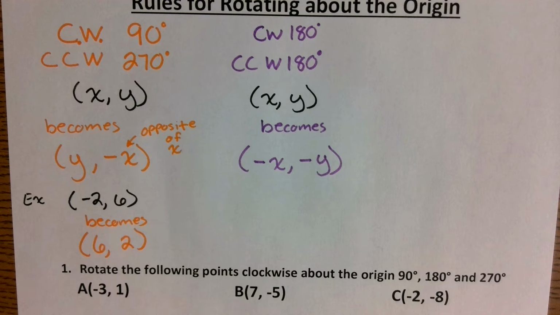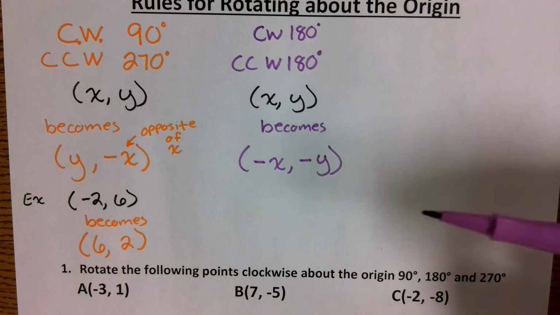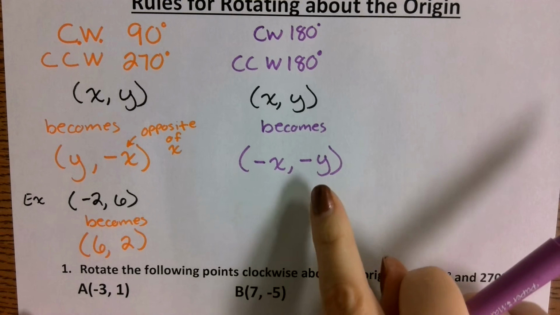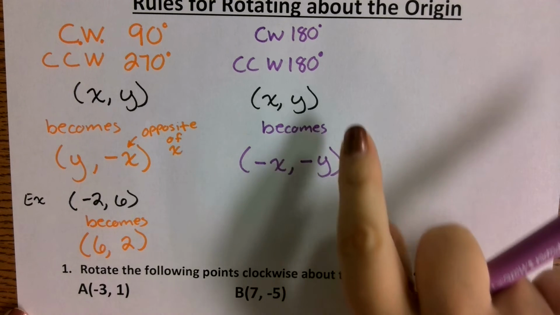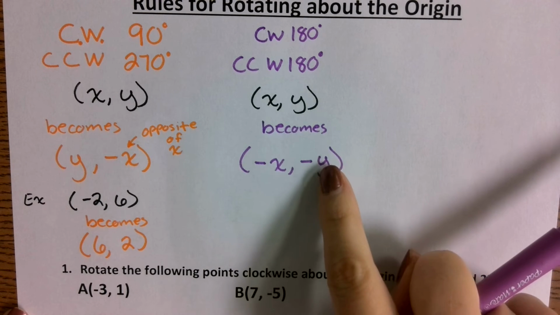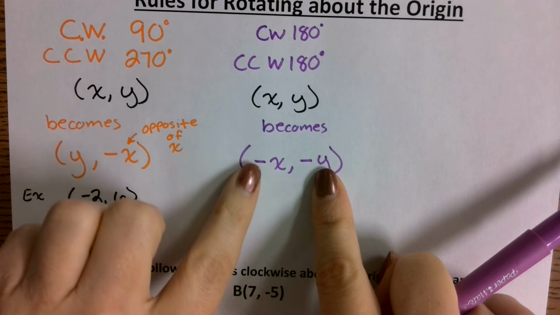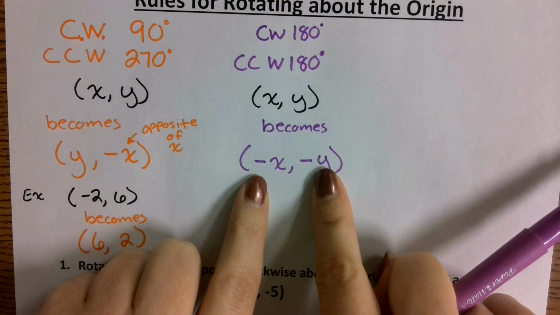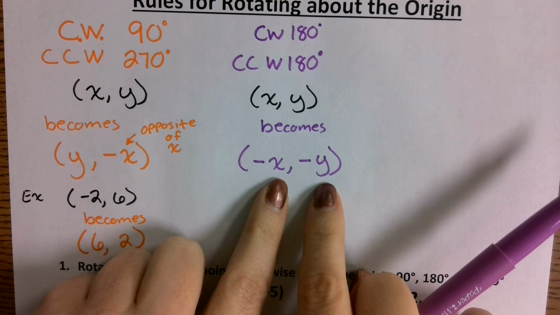Hence the reason I've told you that a double reflection across the X and then across the Y is identical to a rotation of 180 degrees. A reflection across the X would give you the opposite of Y, and the reflection across the Y gives you the opposite of X. So when you do that double reflection, it's just going to give you that rotation of 180 degrees.